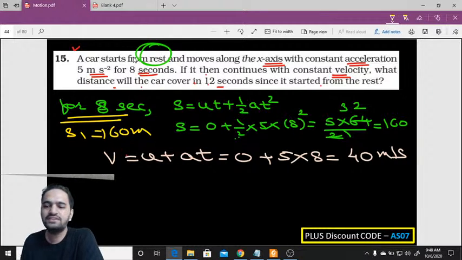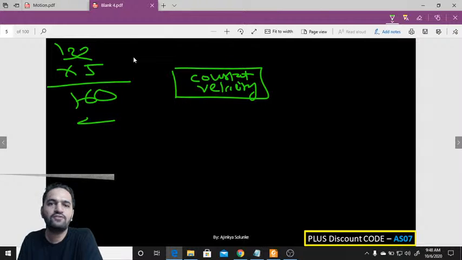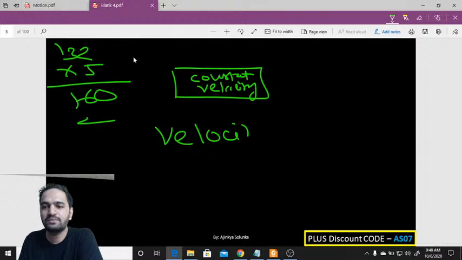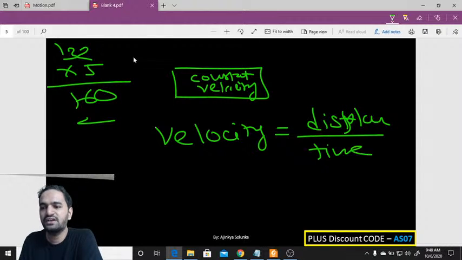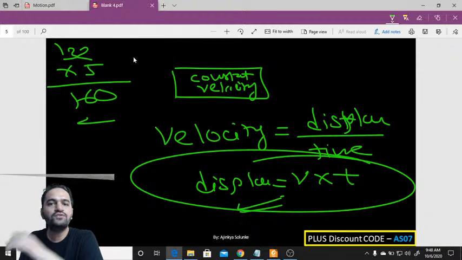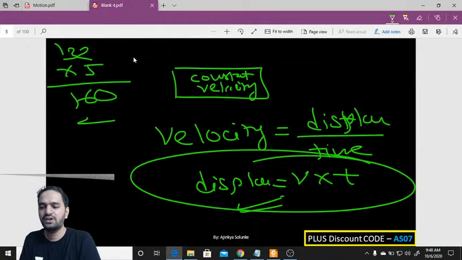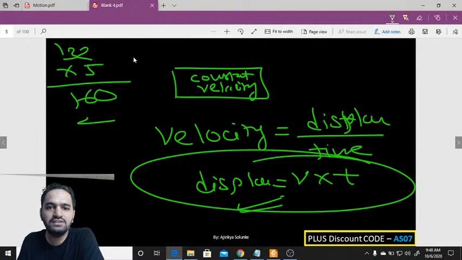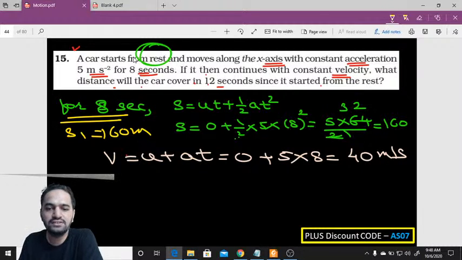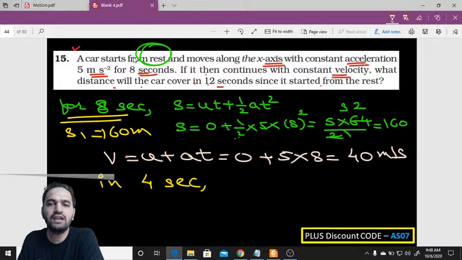Okay. So it is very simple. What is the formula for displacement? Velocity is equal to displacement by time, right? So displacement is equal to velocity into time. You just want distance, so distance is equal to speed into time.